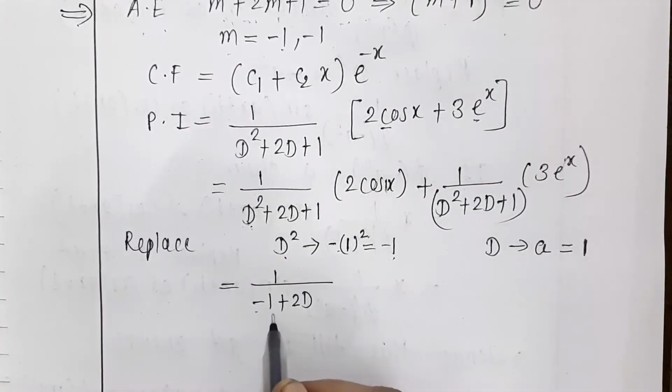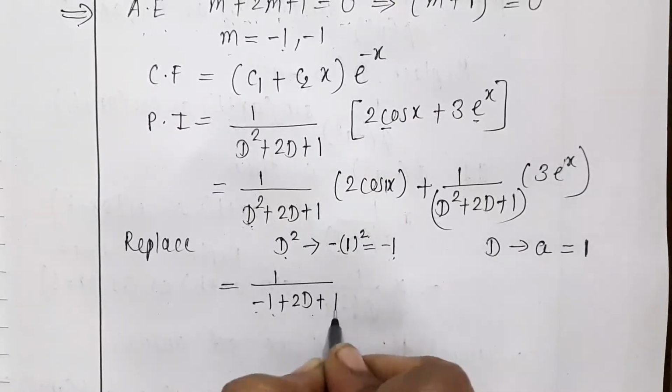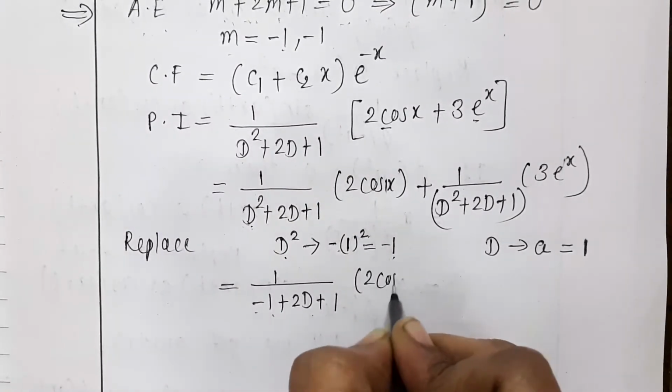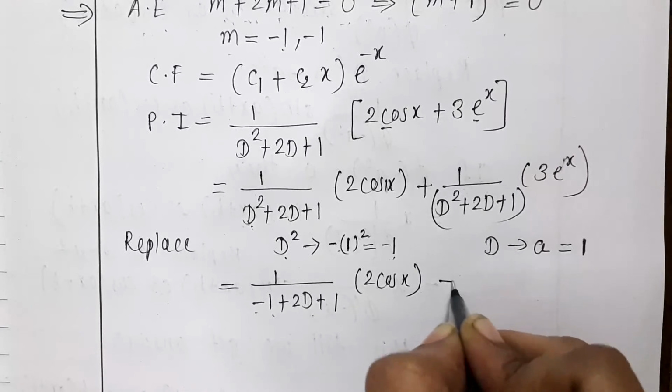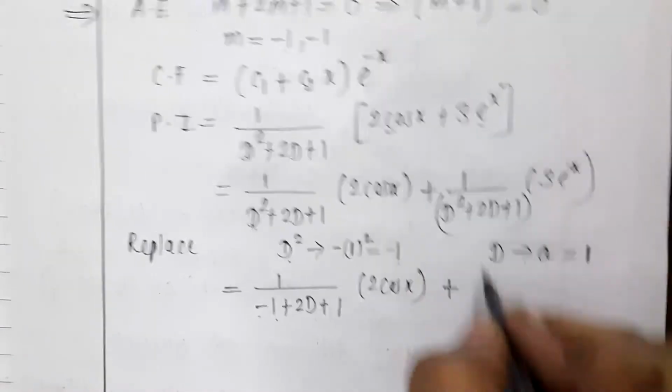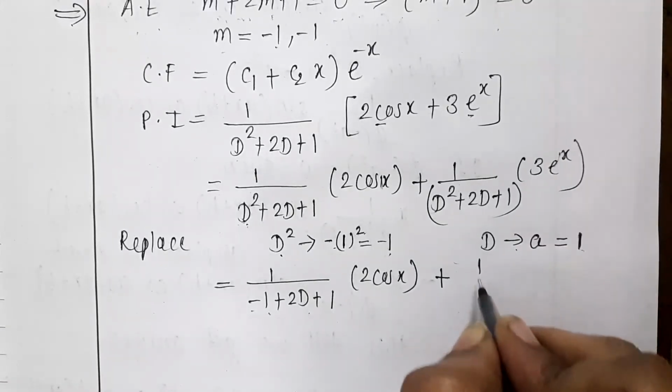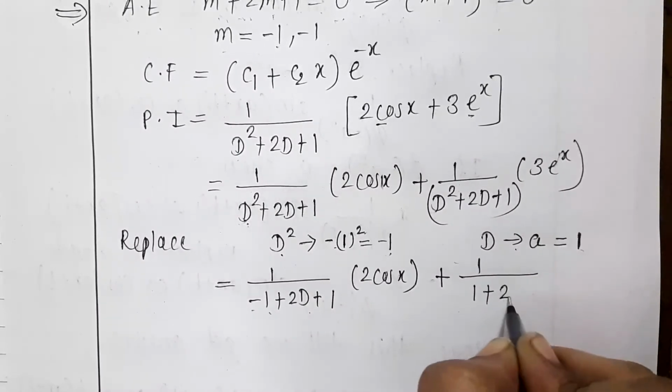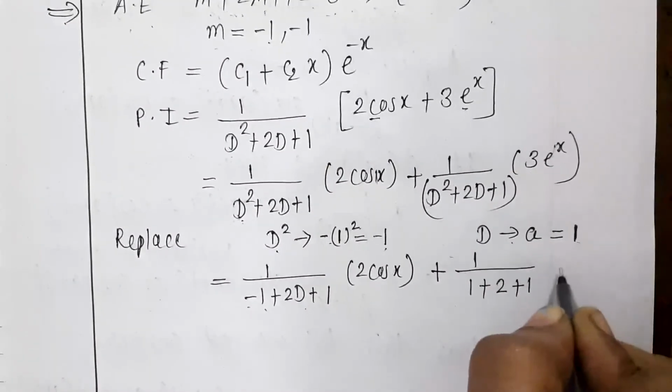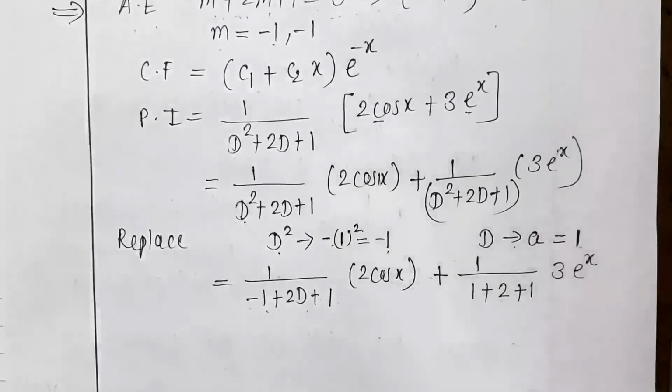So 1 upon (minus 1 plus 2D plus 1) multiplied by 2 cos x, plus, replacing D by 1, 1 upon (1 plus 2 plus 1) multiplied by 3 e to the power x.